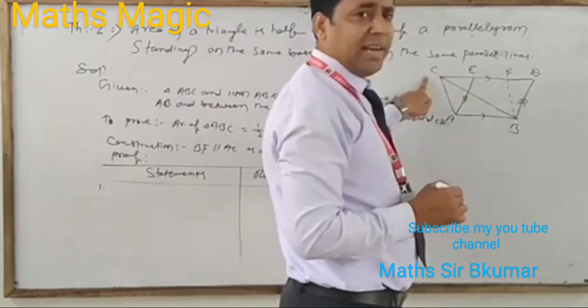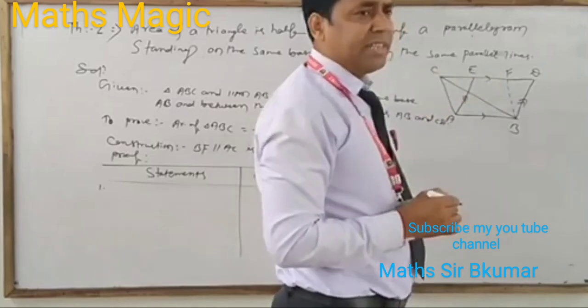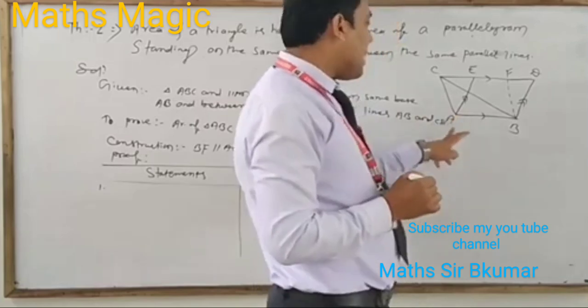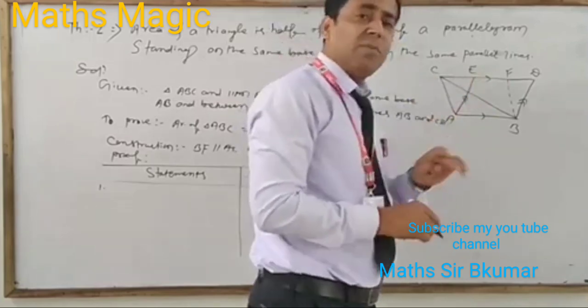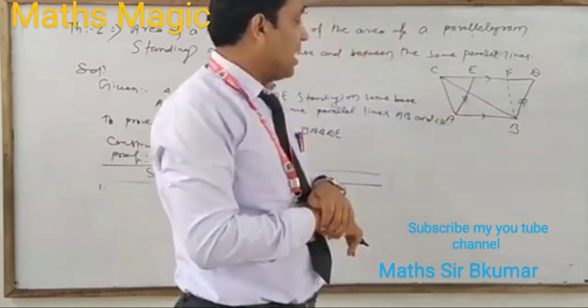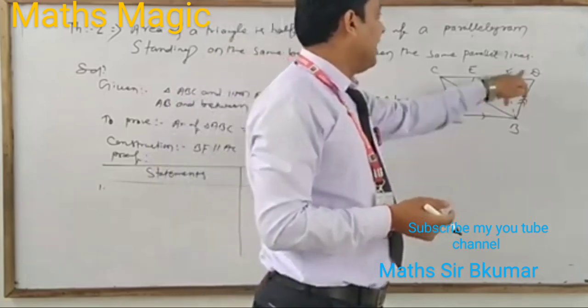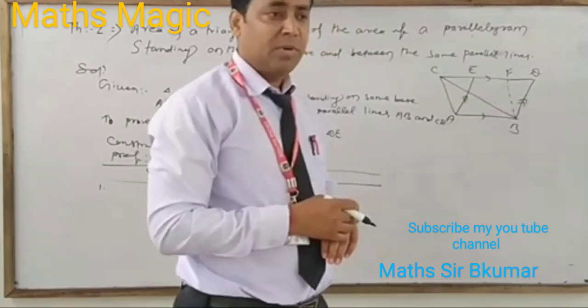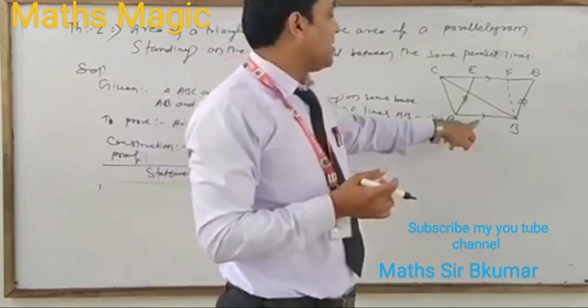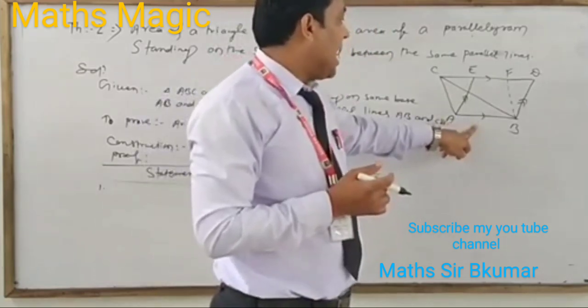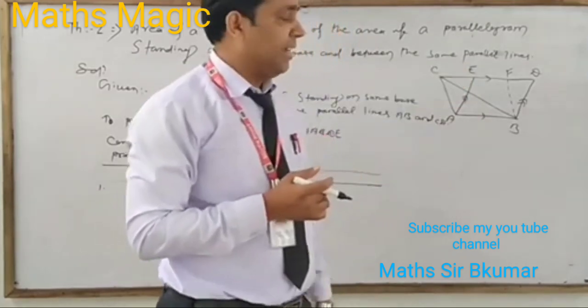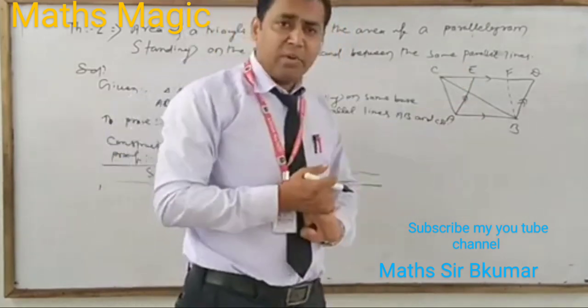In number one, ABFC is a quadrilateral whose opposite sides are parallel, so you can write that ABFC is a parallelogram. And we have given from the question that ABDE is a parallelogram. So both parallelograms are standing on the same base AB and between the same parallels AB and CD, so the parallelograms are equal.